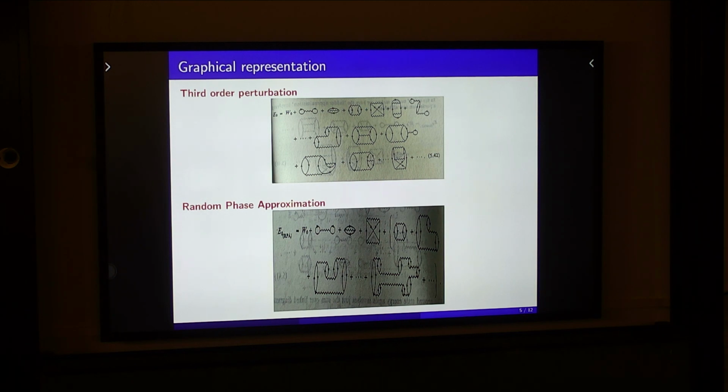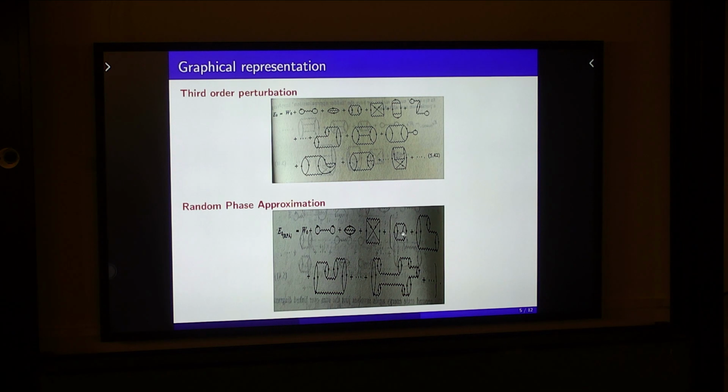I will come back to this picture later. But what is the important thing I wanted to tell you? What Gell-Mann and Brueckner did. You could go on like that, and you get extremely many different diagrams. But Gell-Mann and Brueckner said, okay, when we go beyond Hartree-Fock, the only thing we need is the Hartree-Fock term, which is cancelled by the background, plus a specific group of diagrams of a specific nature.